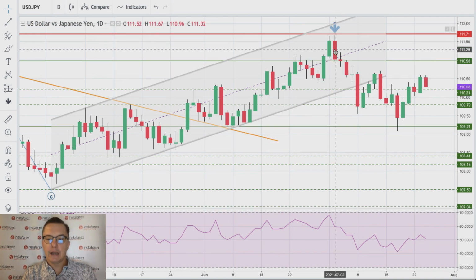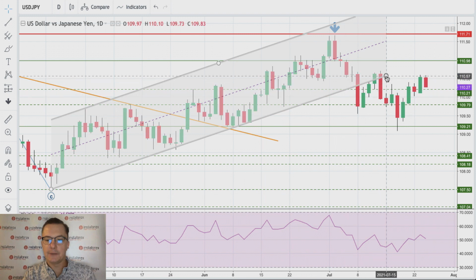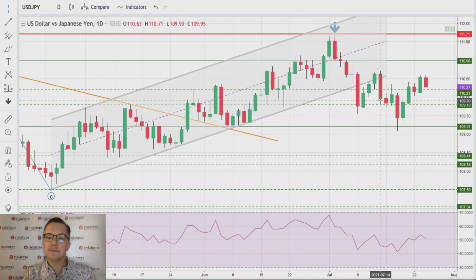So the recent high was made at the level of 111.67 at the beginning of July. On the 2nd of July, we got the bearish engulfing candlestick pattern made here. We have a breakout out of the channel, a test of the channel, and then confirmation of the breakout.